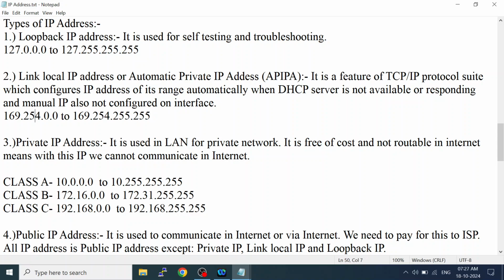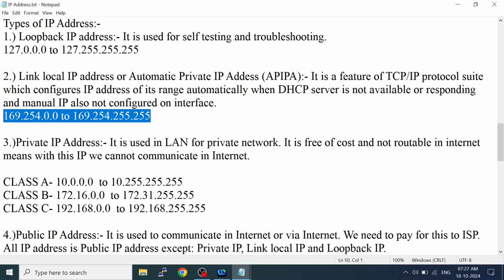Suppose you have connected your device in the network, and by default all devices are set to obtain IP automatically, and the DHCP server is not available in the network. When you try to get the IP address from DHCP and it is not reachable, in that case, this is a feature of TCP/IP. We are using TCP/IP protocols. It is a feature of TCP/IP that it will automatically take an IP address from this range, and this feature is called APIPA, automatic private IP address, or link local IP address.